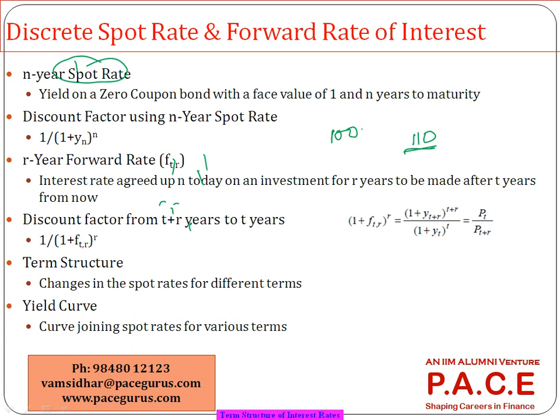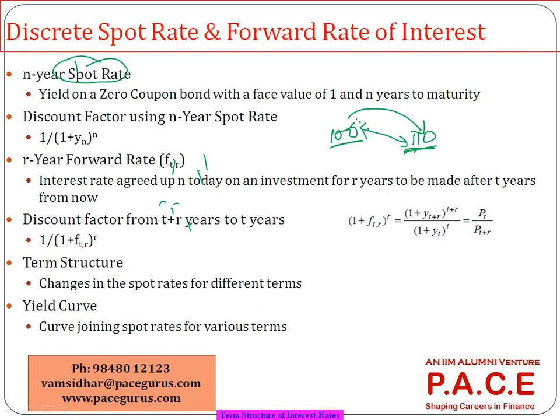This is a zero coupon bond because there are no intermediate payments between the initial date and the maturity date. And whatever yield this bond gives over the maturity period on an annual basis is what we call an N-year spot rate.